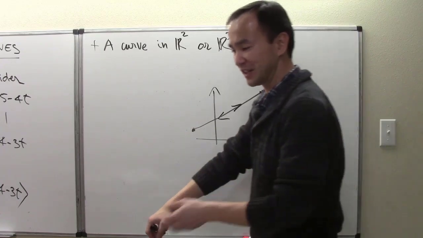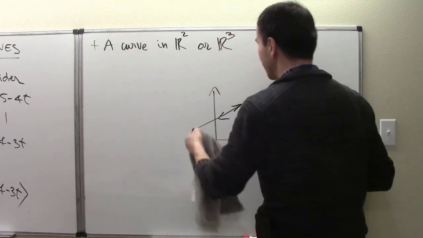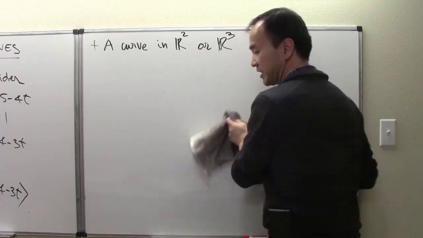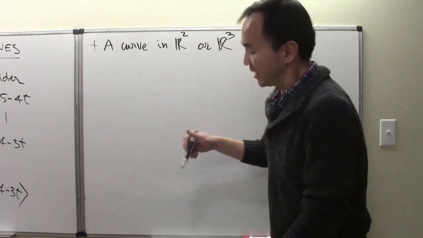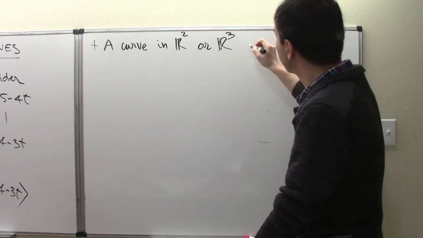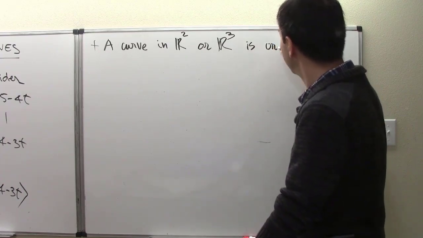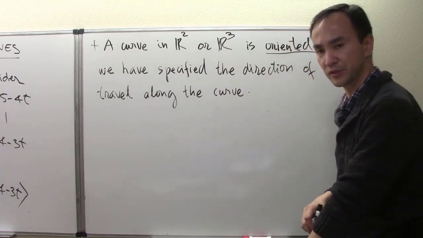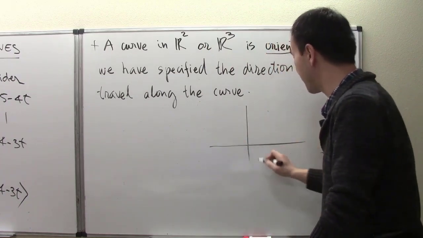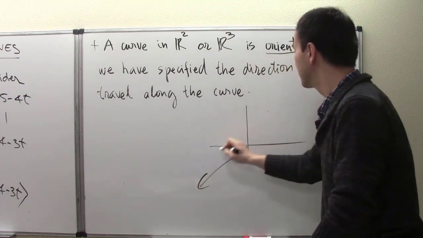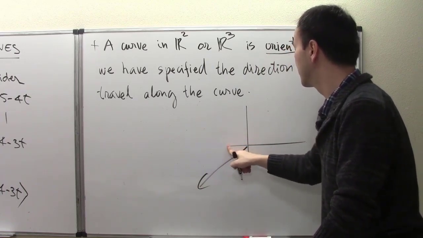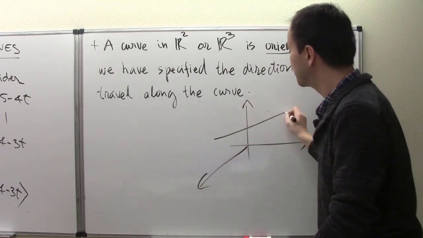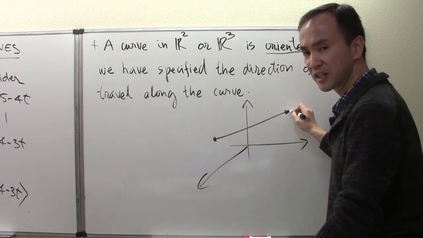But now let's write down the formal wording of that. A curve in R2 or R3 is oriented. Just like how I pointed it out earlier, the line in space right here is just a segment connecting the 2 points.